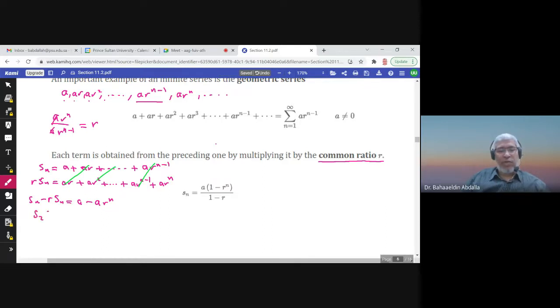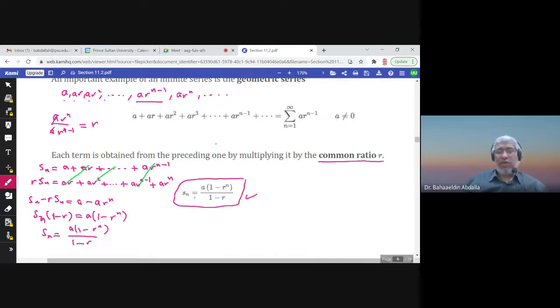Now if we take S_n as a common factor from here, and a as a common factor from here, and if we solve for S_n, we will have this formula for S_n. So the sum of the first n terms of the geometric sequence can be found using this formula.